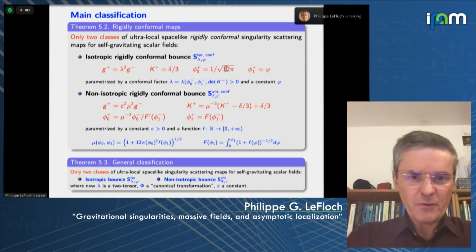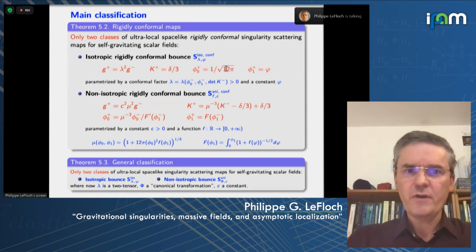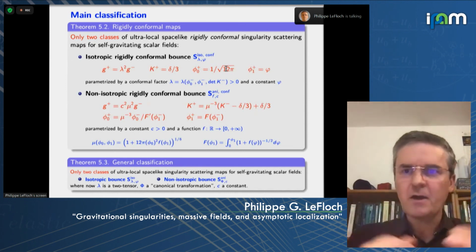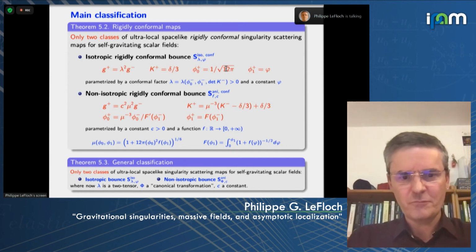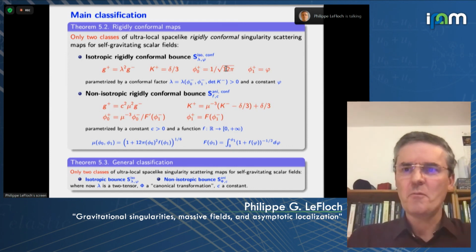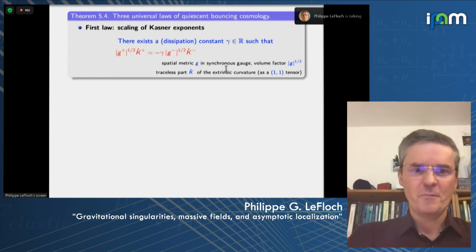So we have a classification which is completely parallel to the one I explained, but removing this restriction of rigidly conformal. It's just slightly more complicated to describe, and slightly more rich in terms of parameters, if you like. But again, there is a finite number of degrees of freedom.